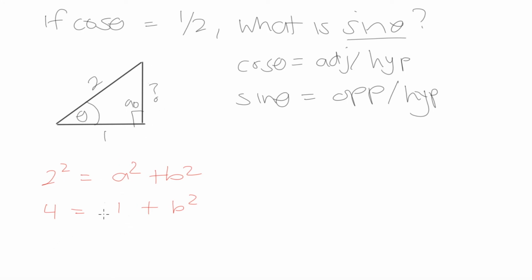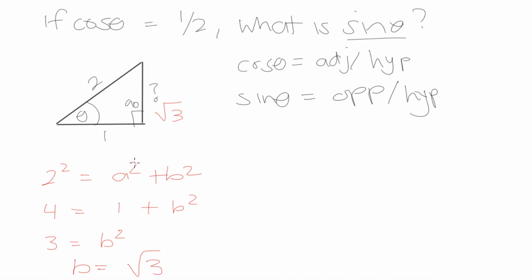If we bring this to this side, we get 4 minus 1, which is 3, which is equal to b squared. And solving for b, b is equal to root 3, which means that this side has a value of root 3.